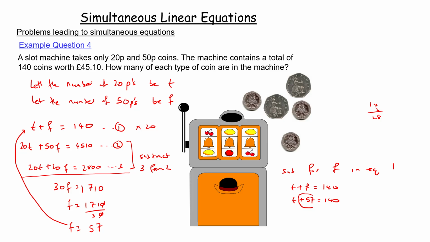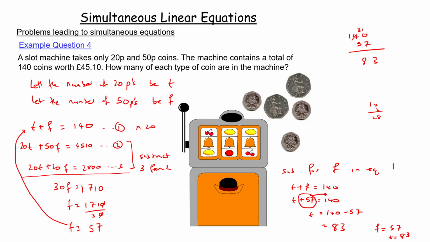That plus 57 floated over the equal sign, so it pings to a minus, so t is equal to 140 minus 57, which is equal to, and I'm just going to do my workings in the margins here, 57, borrow from the 4, goes down to 3, 10 take away 7 is 3, and 13 take away 5 is 8. So t is 83. Okay, so f equals 57, t equals 83.